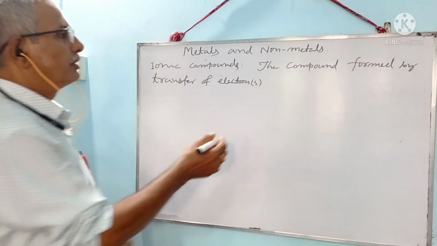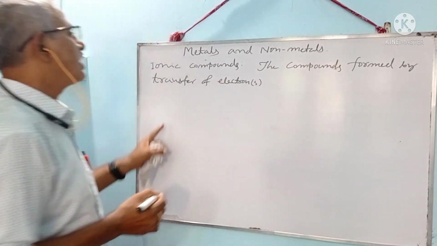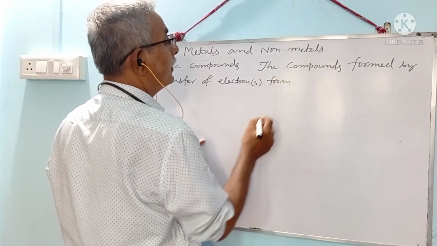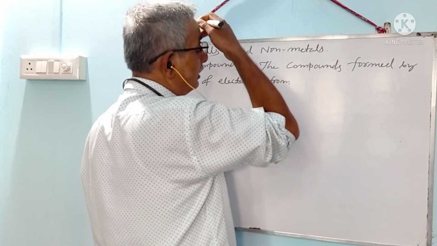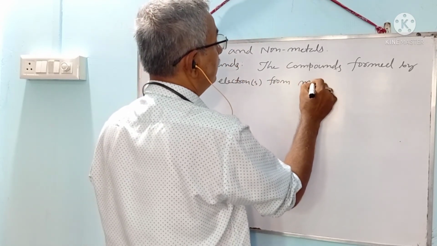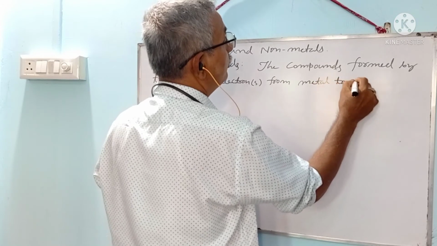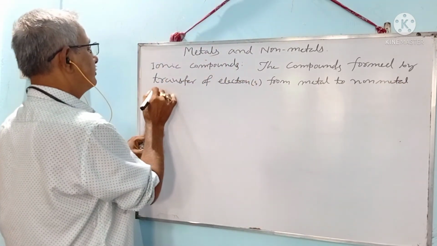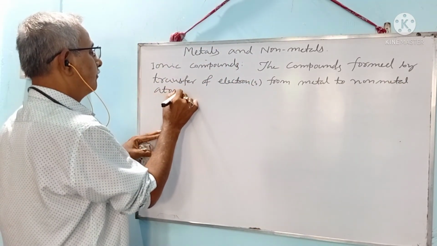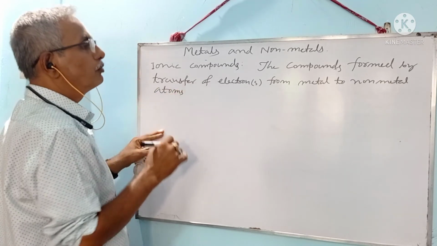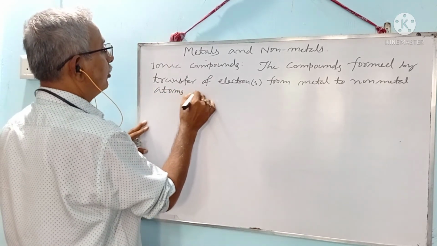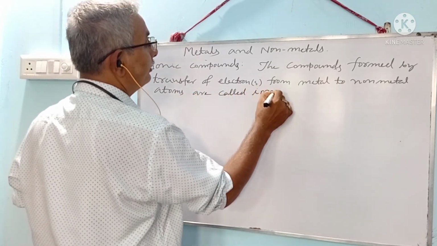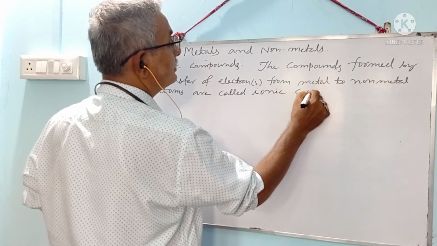So the compounds formed by transfer of electrons from metal to non-metal atoms are called ionic compounds.